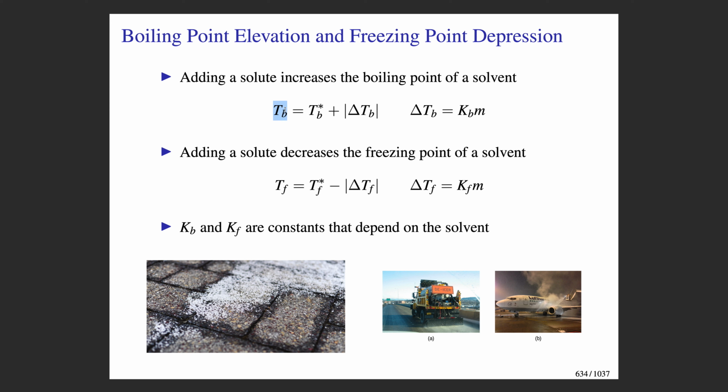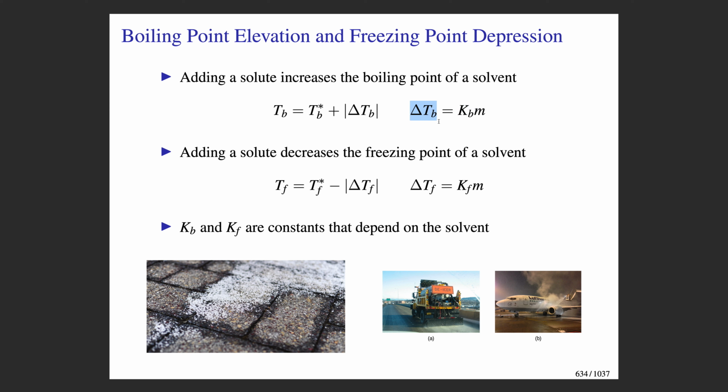So the boiling point of a solvent in solution is the boiling point of the pure solvent plus the absolute value of delta T, and delta T is given by KbM. It's always positive, but to make the formula very similar to the freezing point, I wanted to wrap that in absolute value. So this is always a positive quantity that you're adding to the pure solvent's boiling point.